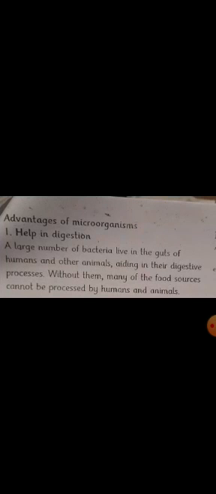As we have studied, fungi cannot prepare their own food, so first they take food from the plants, and in return they help the plant to absorb nutrients and minerals from the soil, and thus they help in plant growth. So the first advantage, or beneficial fact, is that they help in digestion, and the second is help in plant growth.